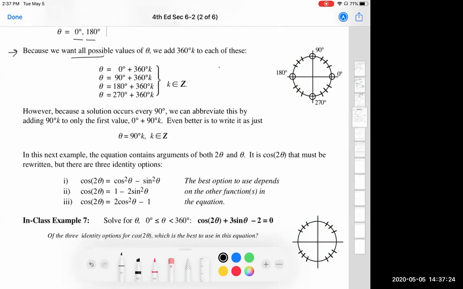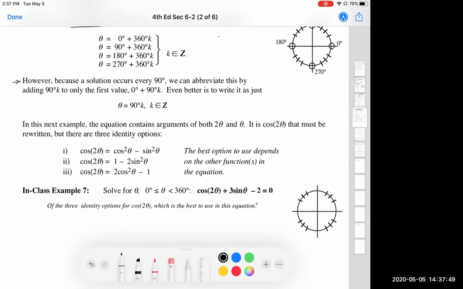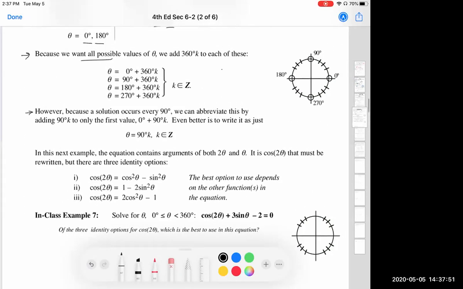However, be careful. Because the solution occurs every 90 degrees, we can abbreviate this by adding 90k to the first value of 0, so 0 plus 90k. Even better to write it just as theta equals 90k, where k is contained in Z. So what it's saying is 90 degrees.